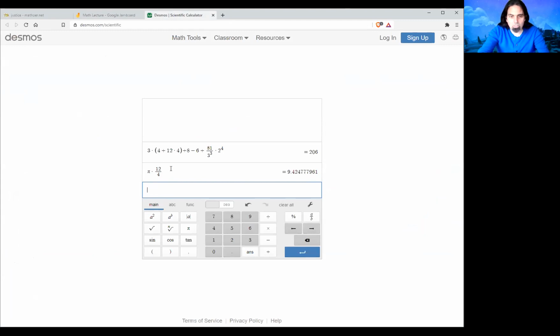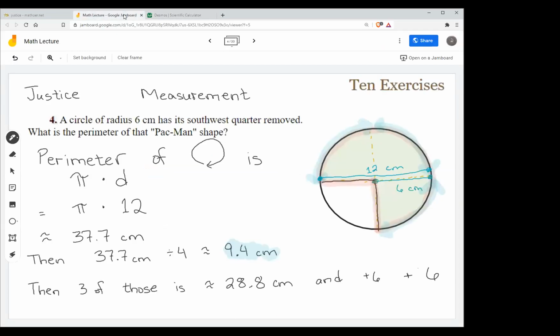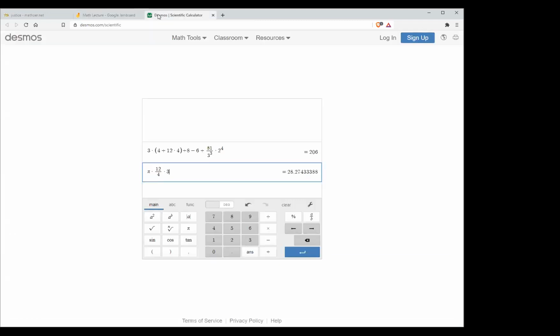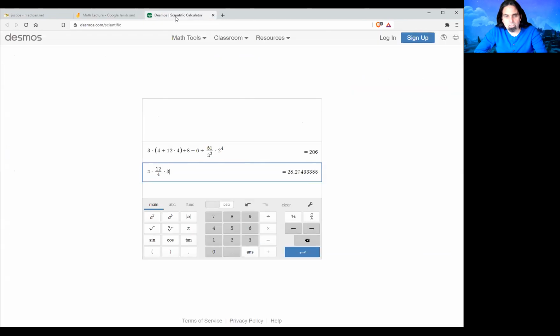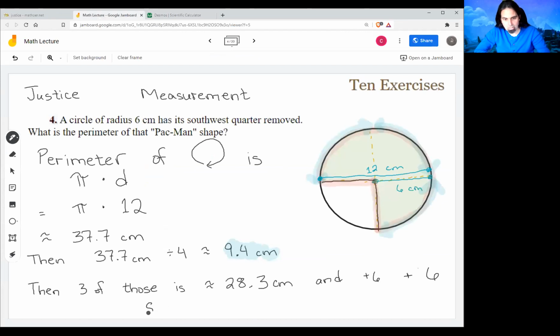Yeah, but wouldn't it still be 28.3 because it's 28.27? Oh, yes, I'm sorry. You are right, I am wrong. Okay, so then we add 12 to it, and we get about 40.3. Thank you for correcting me.